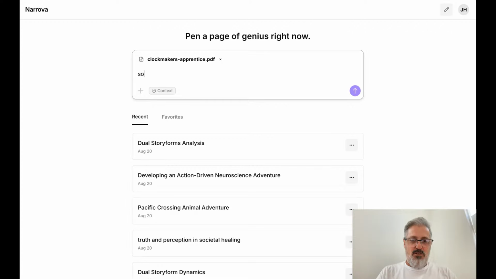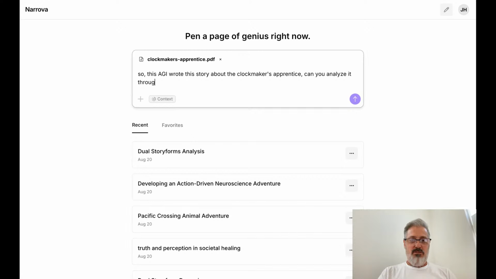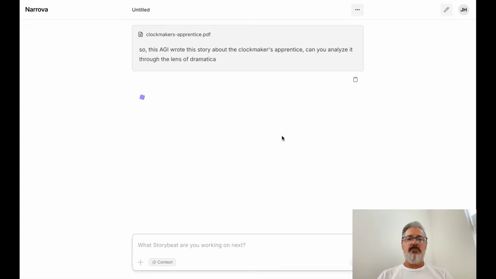All right, so the AGI wrote the story about the clockmaker's apprentice. Can you analyze it through the lens of Dramatica? Let's just see what it comes up with.